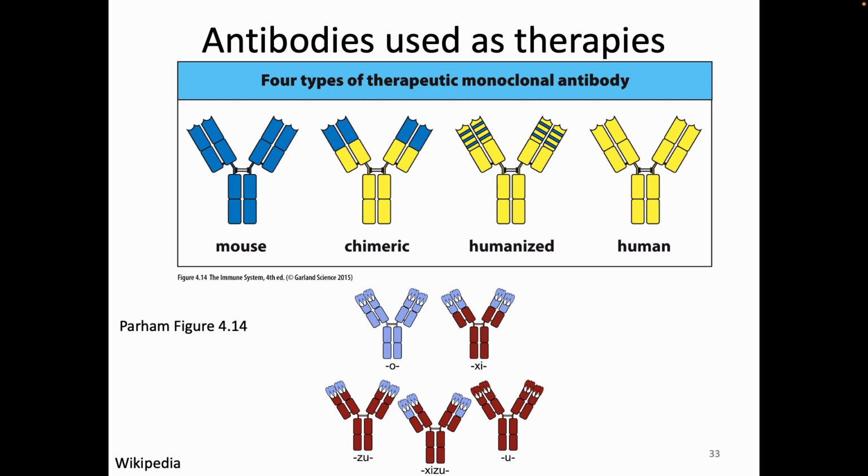Originally, people found a mouse antibody that worked against our antigen of interest, and through biotechnology, we're able to take the genes encoding the variable regions from the mouse antibody and put them onto human antibody constant region genes. So it was basically just the variable region from mice, all the rest human. It was mostly self, but there was still part that wasn't self.